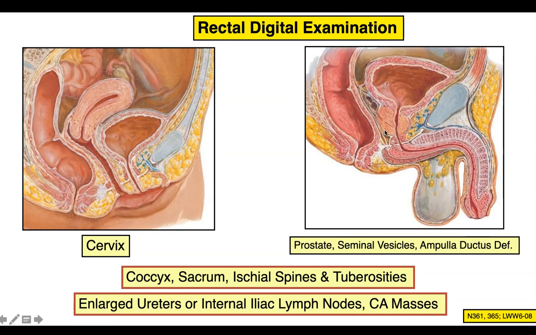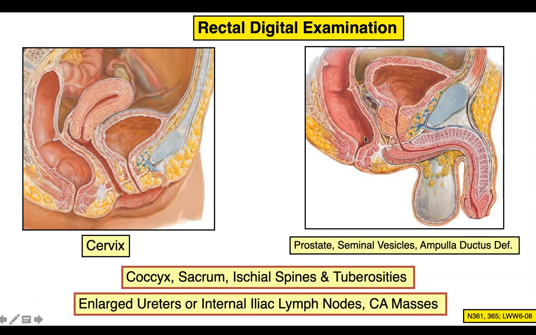And in the male, on the anterior side of the rectum, are the prostate, which lies at the neck of the urinary bladder, the seminal gland, and the ampulla of the ductus deferens. These organs are related anteriorly to the rectum in the male.